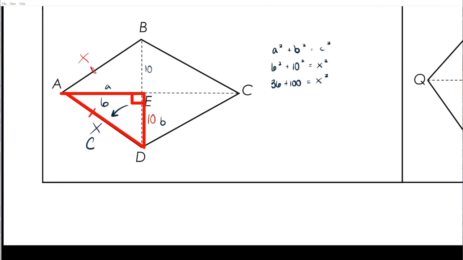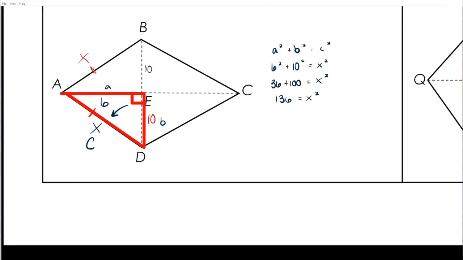How do you know where to put A? A and B don't matter. C is the one we identify first. So remember, we look at our right angle, and across from our right angle is always our hypotenuse. So that's always C. And then A and B, we can choose whatever side we want. Okay. So 136 is x squared.